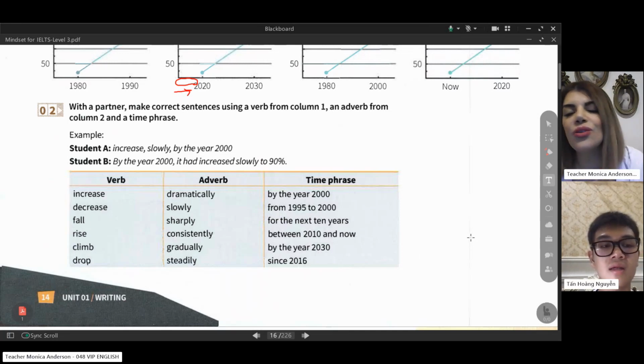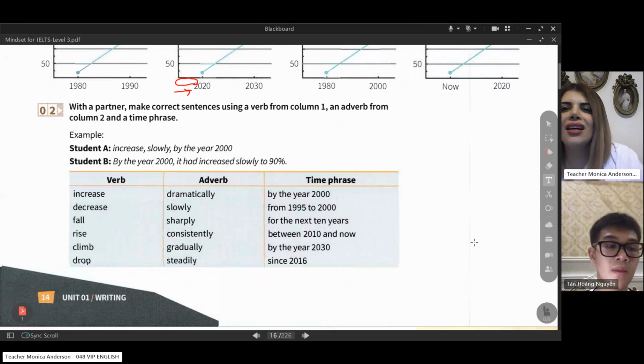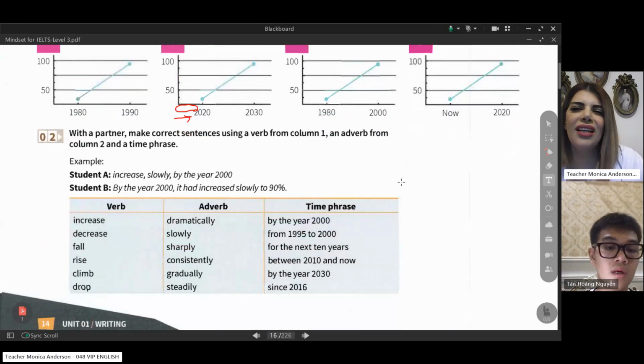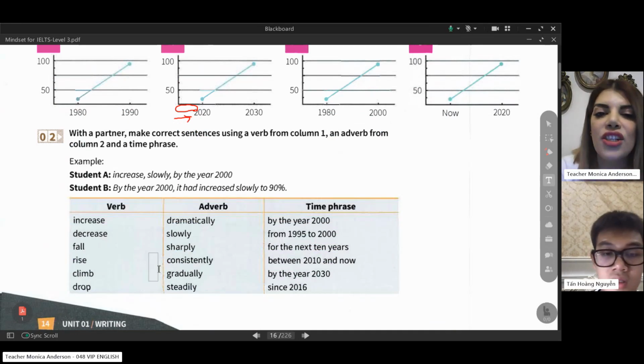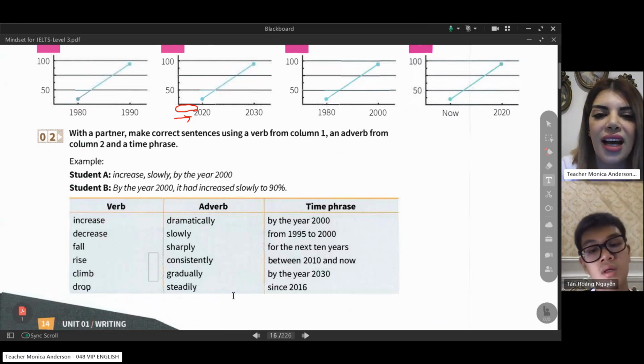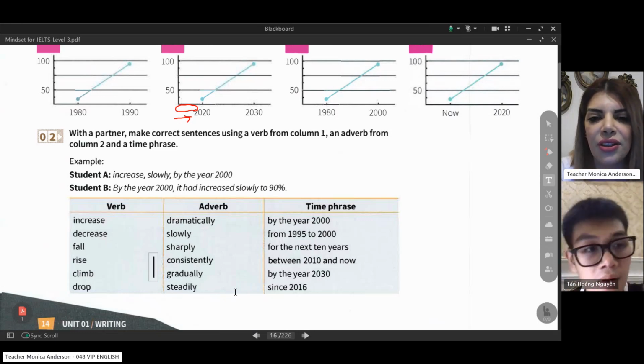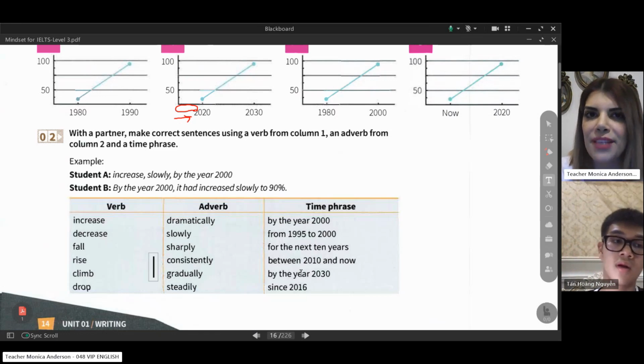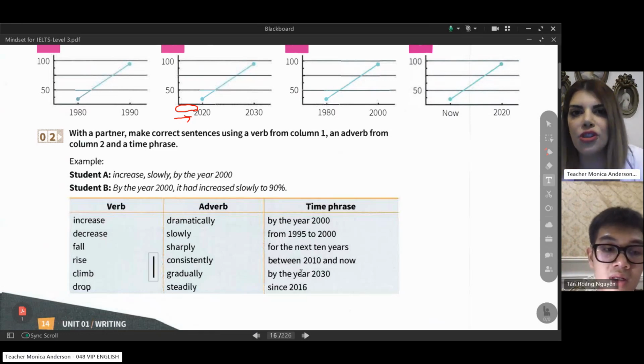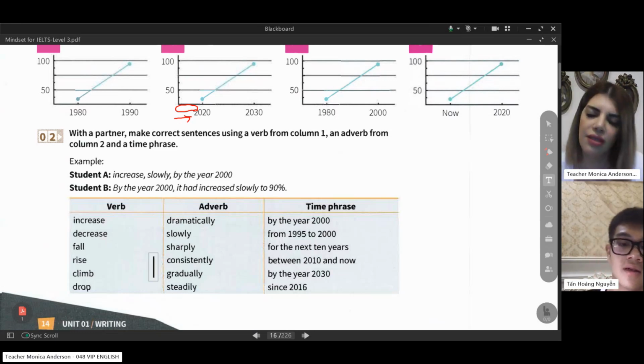It had decreased? I don't like it. So it decreased. If you want to say by the year, just say by the year. I'm sorry, I couldn't hear the year correctly. So you want to use past perfect, you mean, by the year 2000. Okay, for 2000 that is okay. Yes, had decreased.